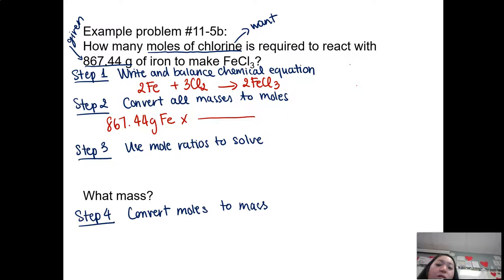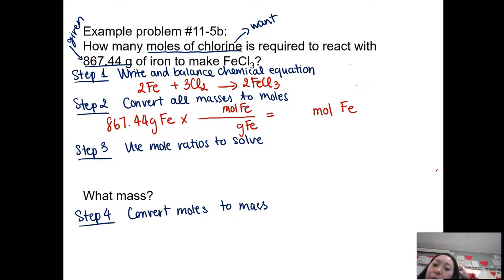As I mentioned in class, you want the one at the bottom to cancel out, and what we want left behind is mole of iron. So that means at the bottom it has to be gram, and at the top it's mole.